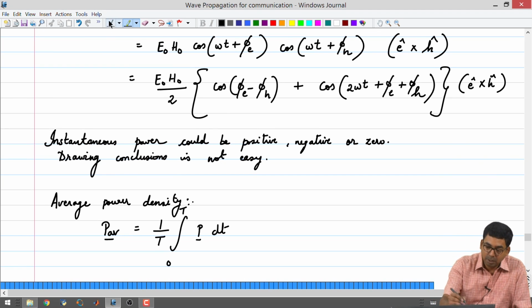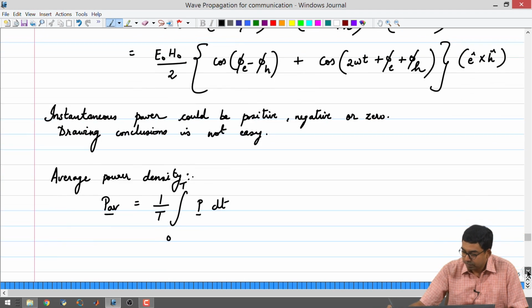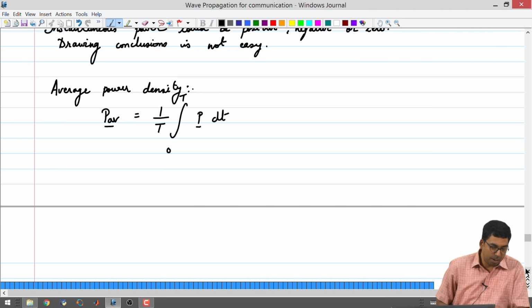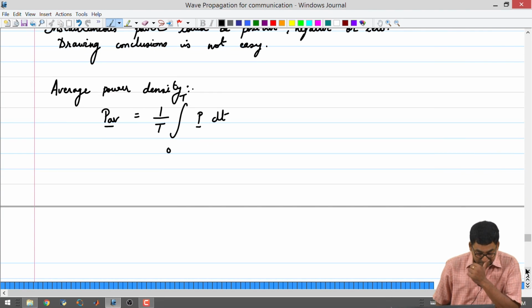So, I will write down the expression. So, this is 1 by T integral of p dt.